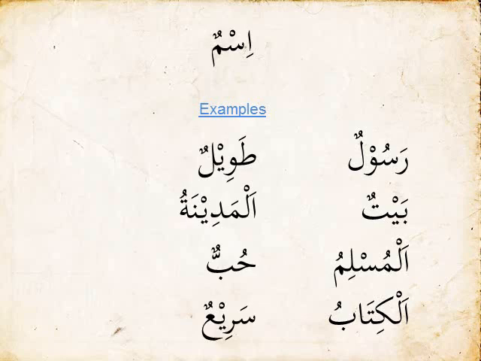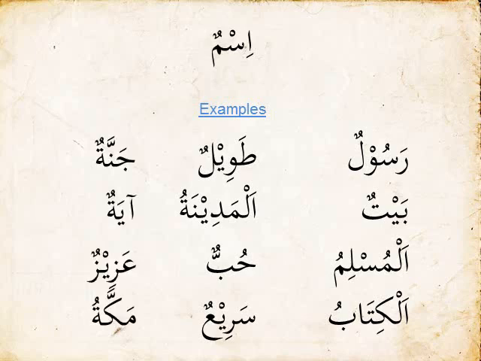Tawilun, al-madinatu, hubbun, sari'un. Tawilun means tall, al-madinatu means the city, hubbun means love, sari'un means quickly, jannatun means a garden, ayatun a sign or a verse, azizun means mighty, Makkatu a place, Makkah. All of these words are ismun.